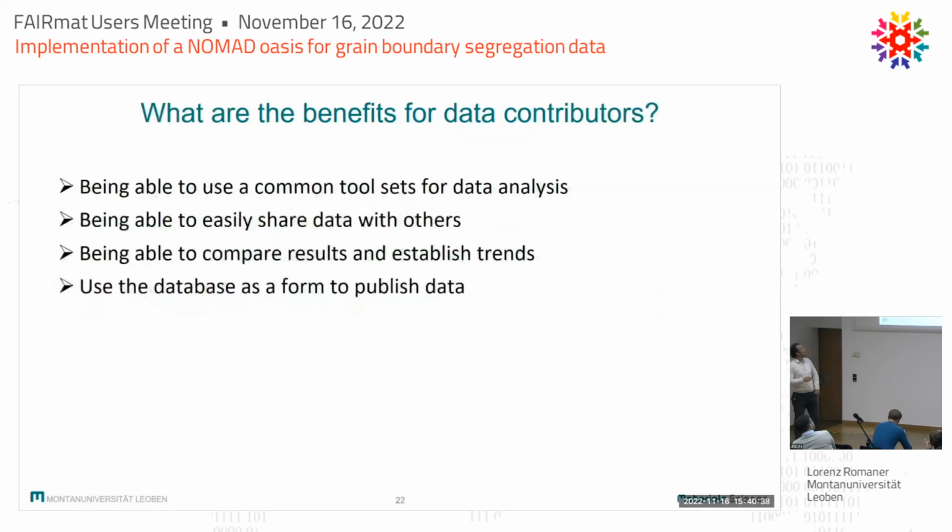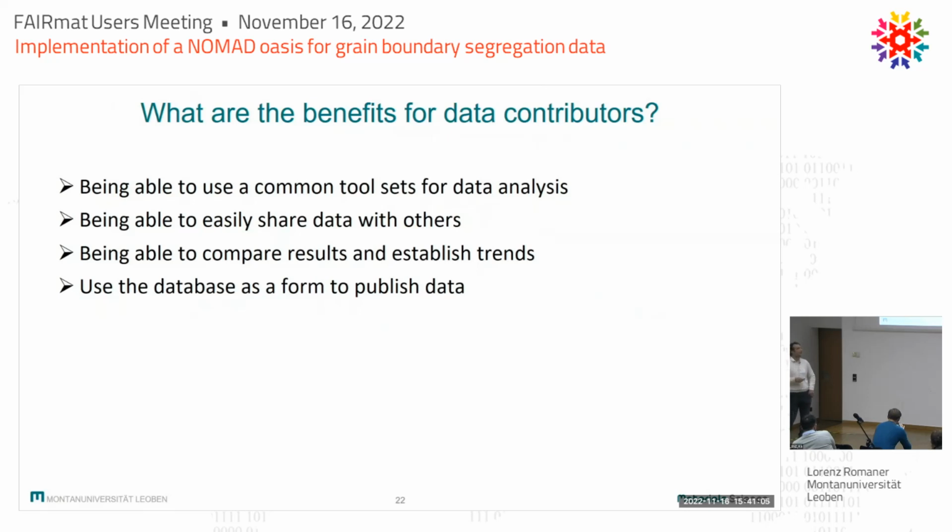I think we heard about user benefits before, so I think it's very important that users contributing to this repository should also have a benefit, because otherwise they will not contribute, right? So I think that a big plus would be that we would have a common tool set to offer on this oasis, so that people can look at their grain boundaries with the same tools.